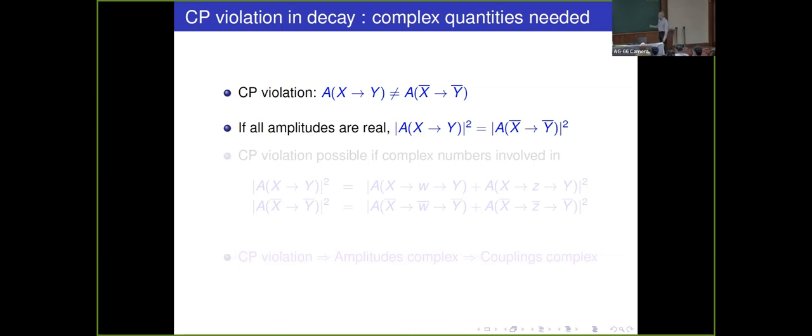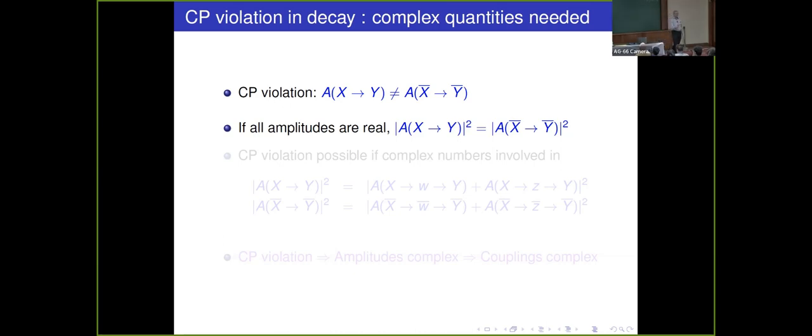So we don't measure this, but we actually measure the square of this. So what that means is if these two quantities differed simply by one complex phase, it doesn't matter, right? So the square of this will be the square of this, and therefore this CP violation, if it was different by only a phase, will not be an observable object.